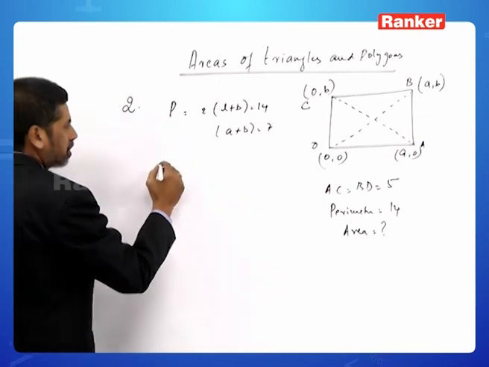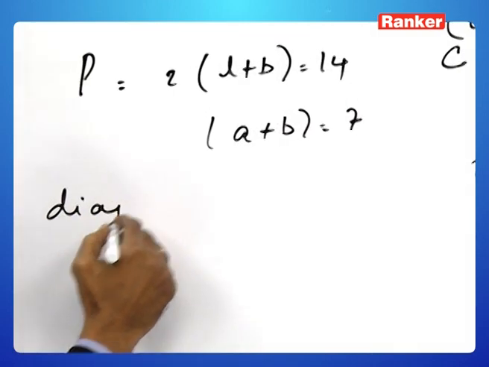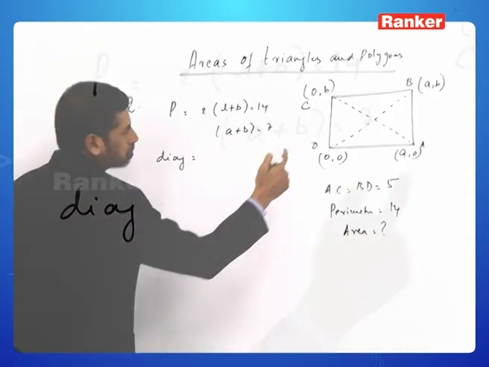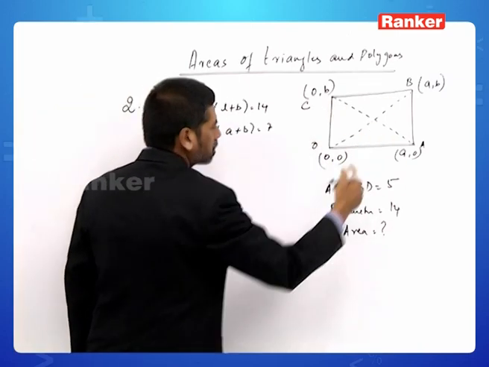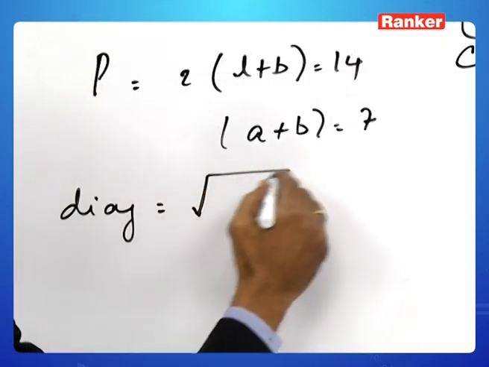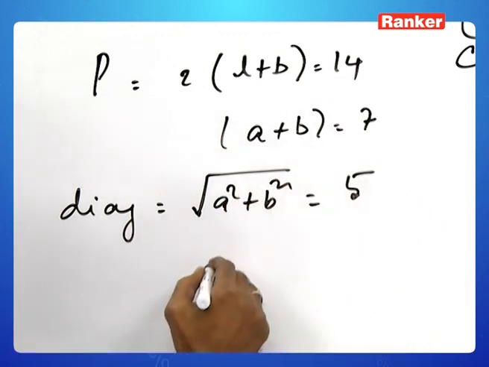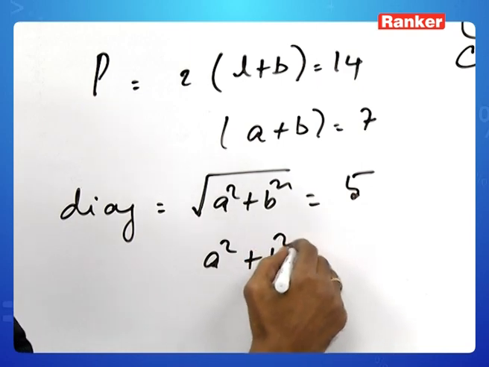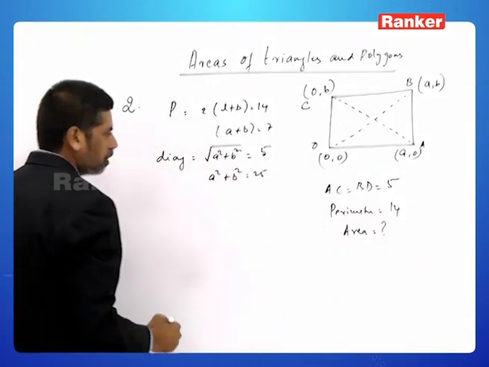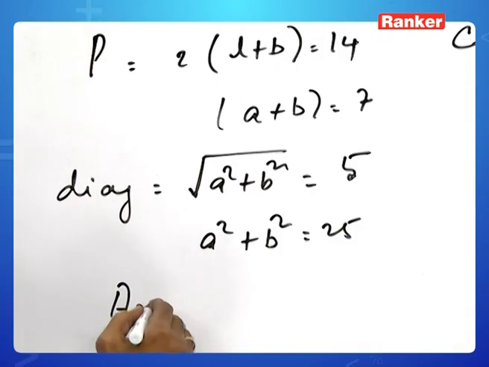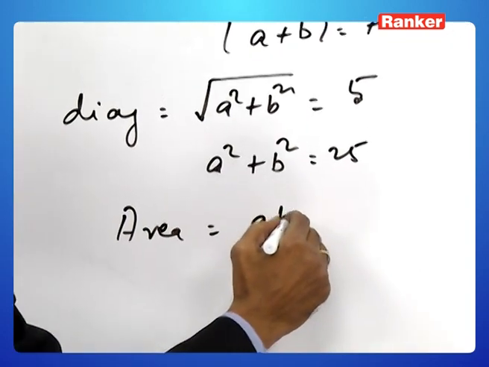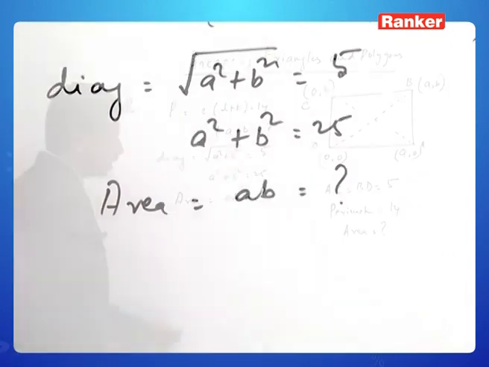Now, what else is given? Diagonal is equal to 5, right, this distance or that distance. So it is square root of A squared plus B squared, and that is given to be 5. So A squared plus B squared is equal to 25. What is required? Area. Area is nothing but AB. We will have to calculate this quantity.